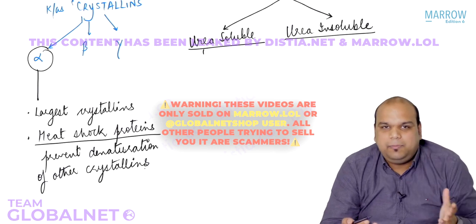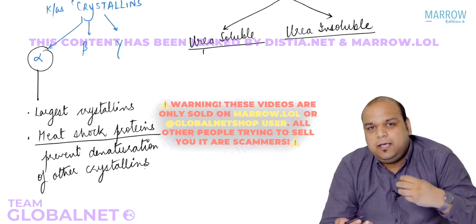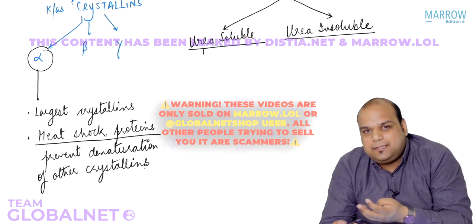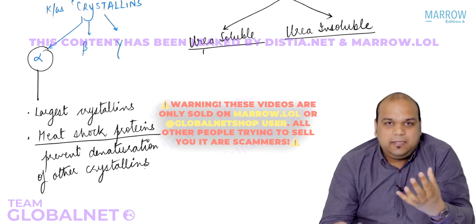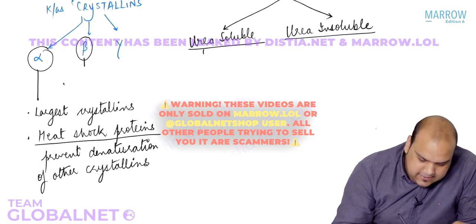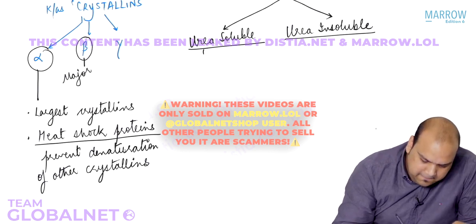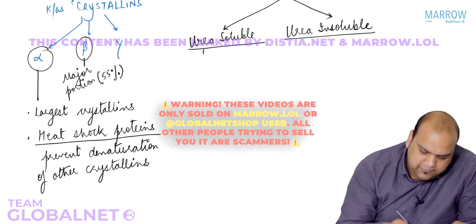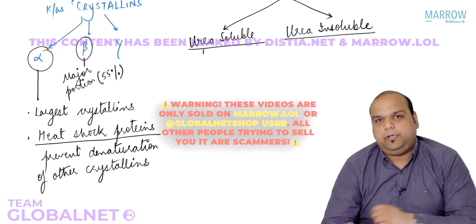So if you want to remember it like this, heat can lead to denaturation. So because they are heat shock proteins, they are saving us from the denaturation. They are saving us from that shock. Okay. Beta crystallines form the major portion. That means they constitute almost 55% of the total proteins.